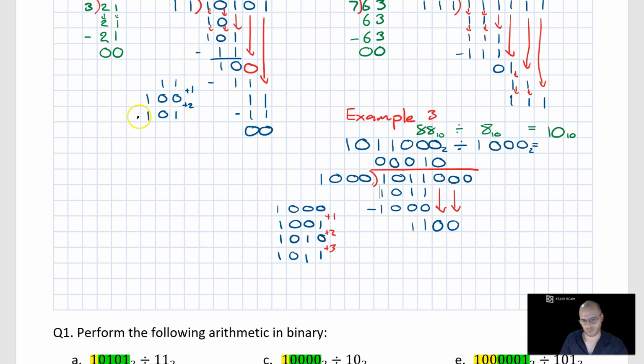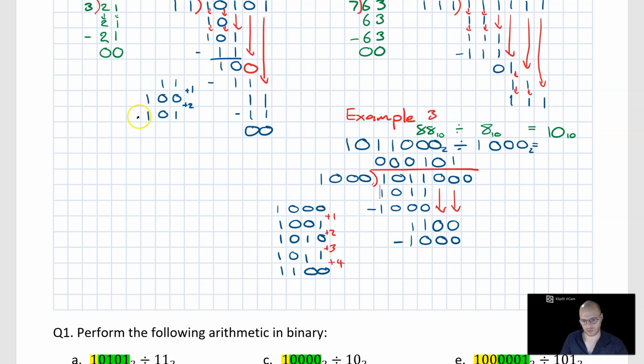Now does 1000 fit inside 1100? And the answer is it does, so we'll put a 1, but what would be the remainder? So we need to count up to 1100, which is simply plus 4.